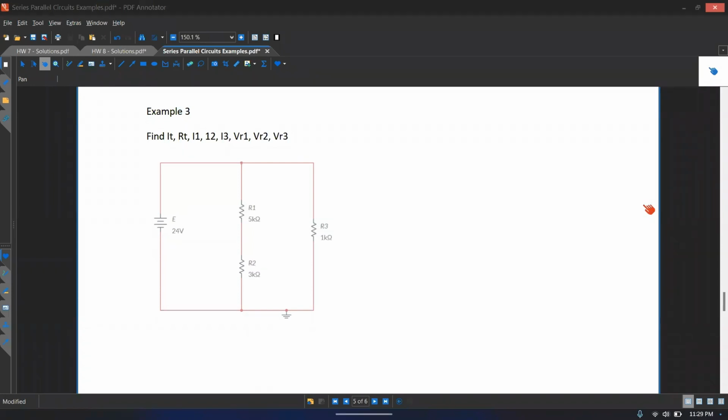All right, so for example 3, we do the same thing: take a step back and see if we can combine anything, either a simple parallel combination or a series combination. Right now, the only one that I can see that's pretty straightforward would be these two resistors right here that are obviously in series because they share this node right here.